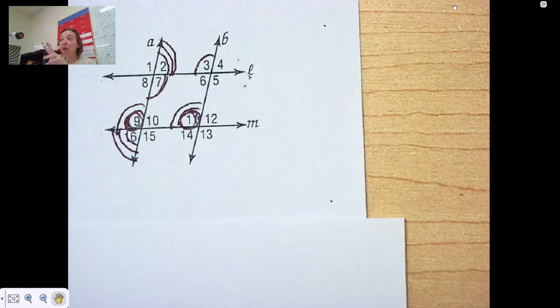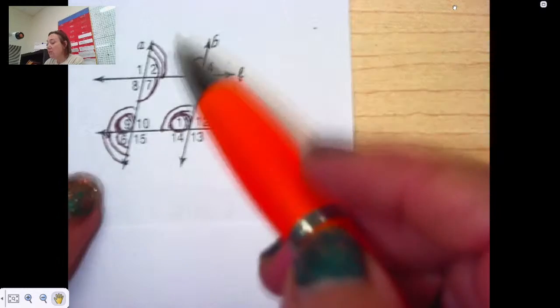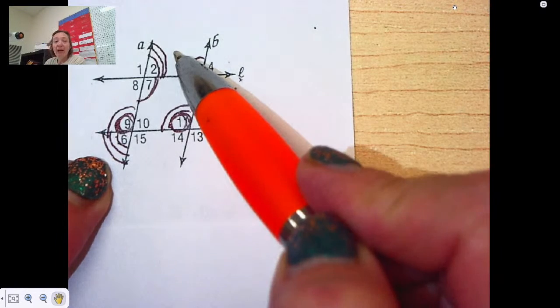L and M. So we're not talking about A and B this time. We're talking about L and M. So if we're talking about 2 lines being parallel, L and M is who it's going to be. And we know that these 2 are congruent. What kind of angles are they? Alternate exterior. Good job, Preston.